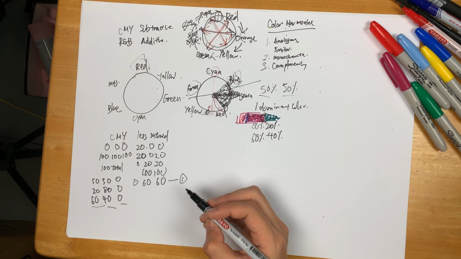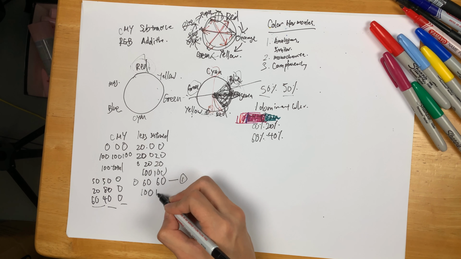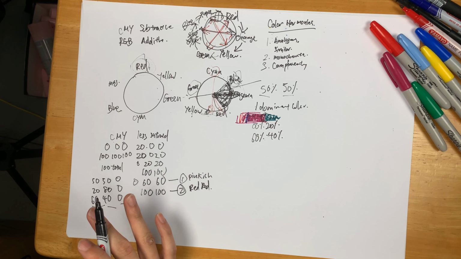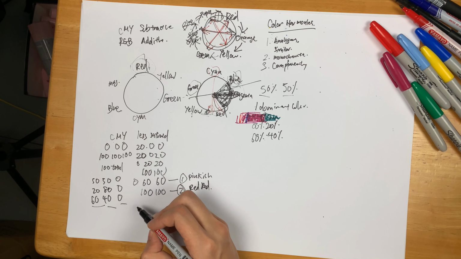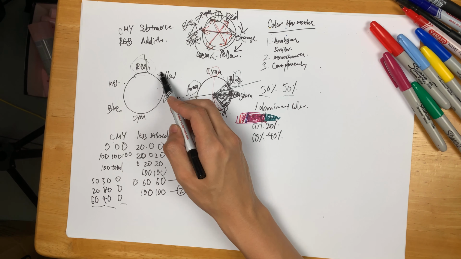Another one, you get the very strong saturated one, of course, and 100. That's your super red with pinkish, and then your red. This is very red, and then you can do another one that leans more to white, or you can play with magenta as well, or you can play with orange.